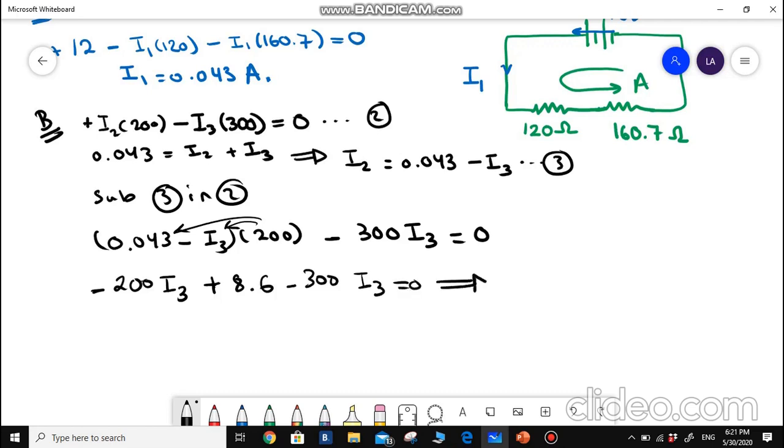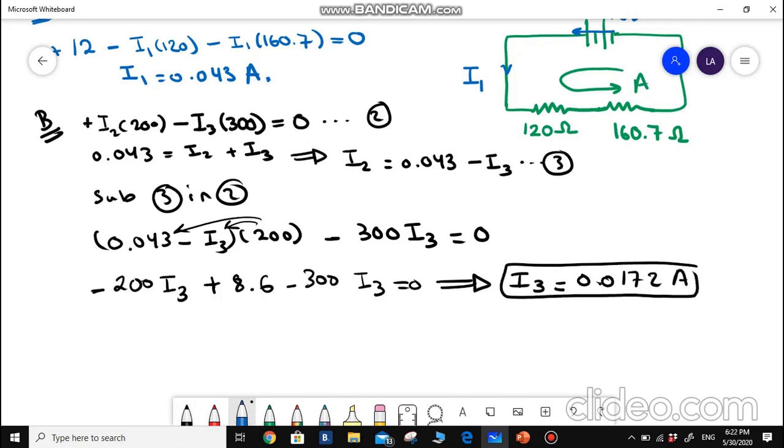If you solve this for I3, you must get 0.0172 amps, and this is I3. Let me also box I1. This is a great chance, girls, to test your math skills and to make some practice in solving systems of equations. Now we found I3.